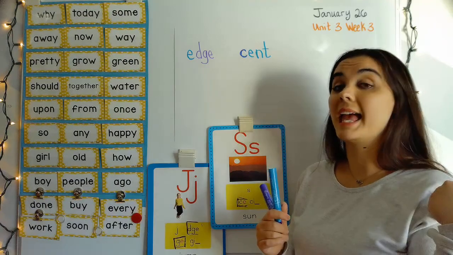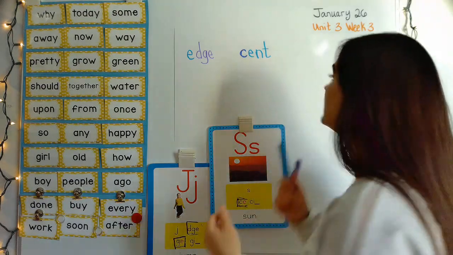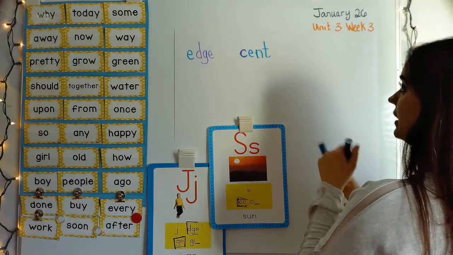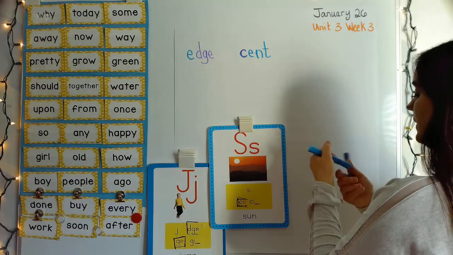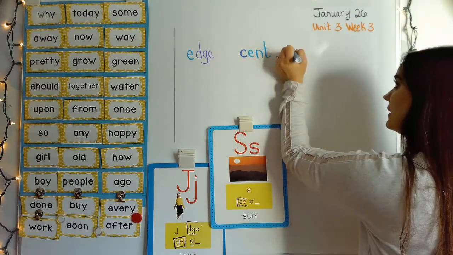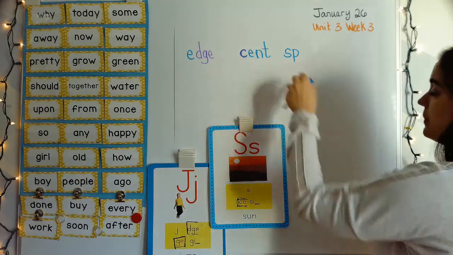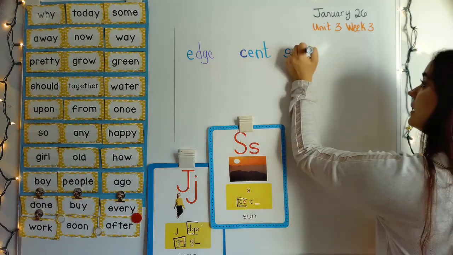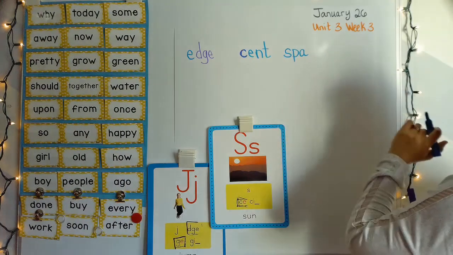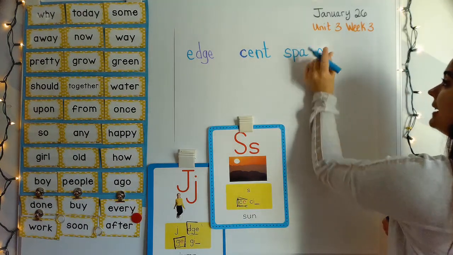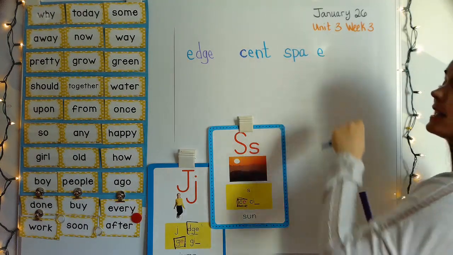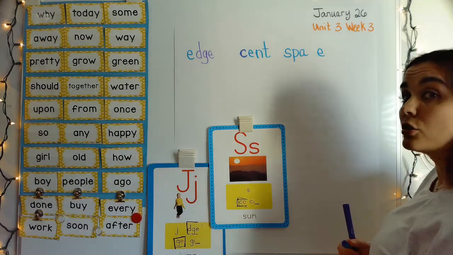Spa, a, s, space. S-P, spa, spa. A blank E makes that long A sound, like train.